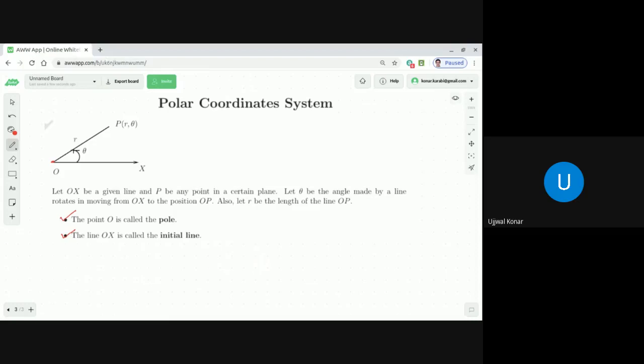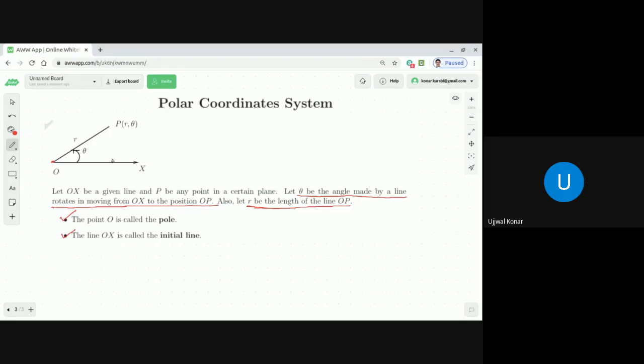So what is r? r is the length of the line OP. And what is theta? Theta is the angle made by the line OP as it rotates in moving from OX to the position OP.